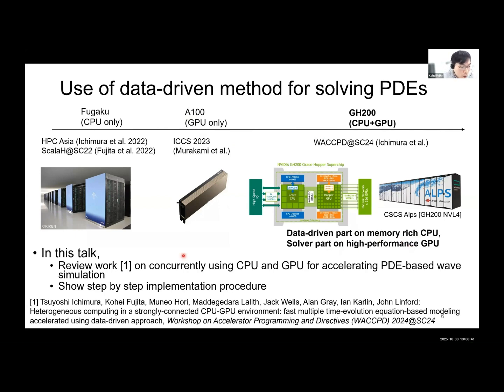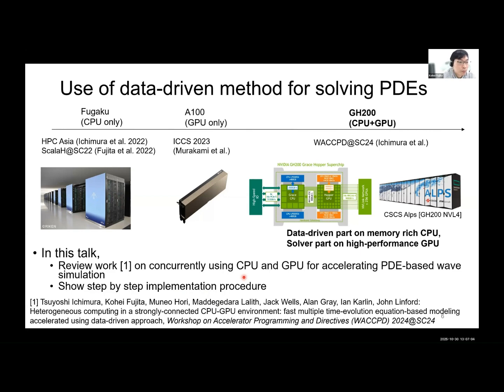So in this talk, I will review the work by Ichimura et al. in the SC24 WACCPD paper on using this CPU and GPU, and then show the step-by-step implementation procedure in the latter half of this talk.